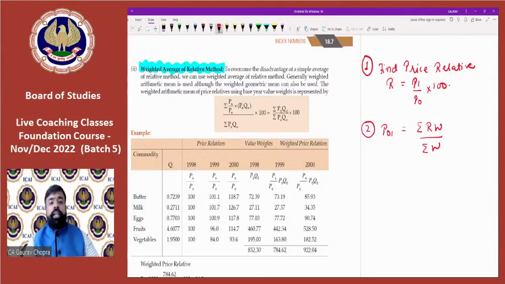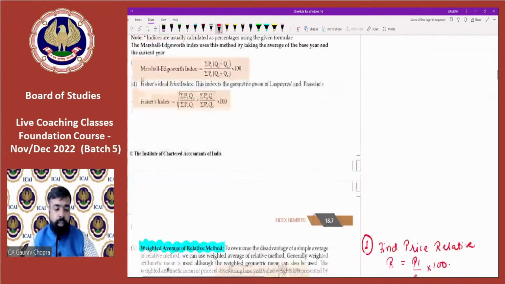In central tendency, you have done weighted average. So this is the same formula, sigma RW divided by sigma W. So we just have to apply the arithmetic mean here and nothing else. So this becomes the formula. All right.